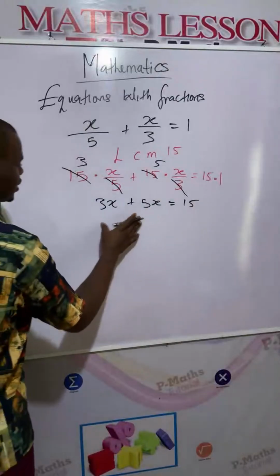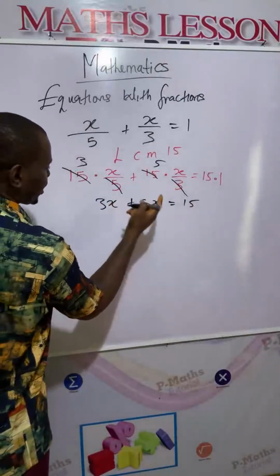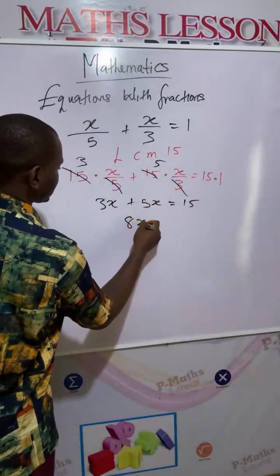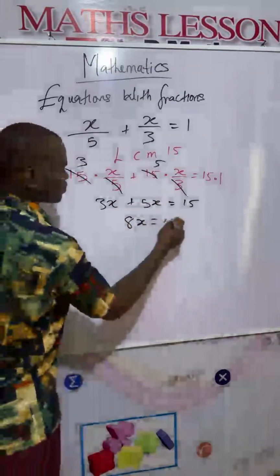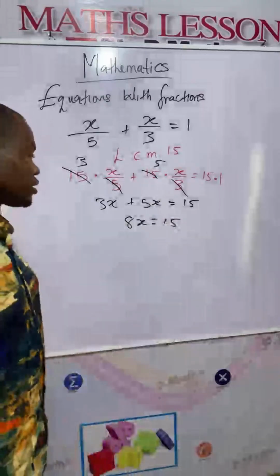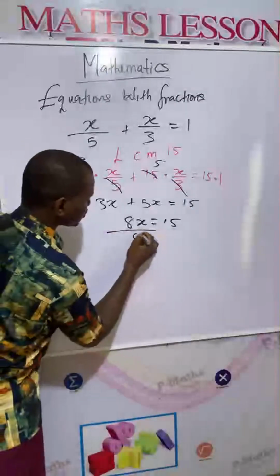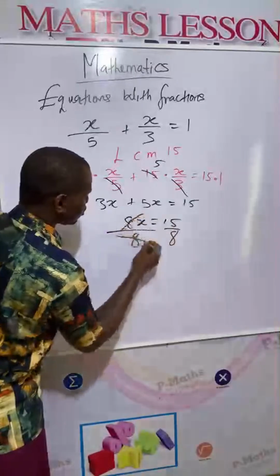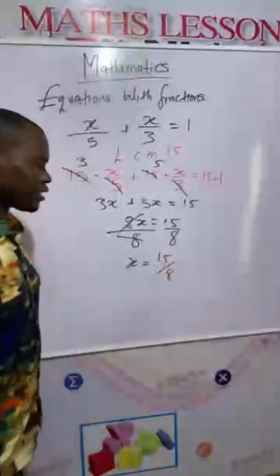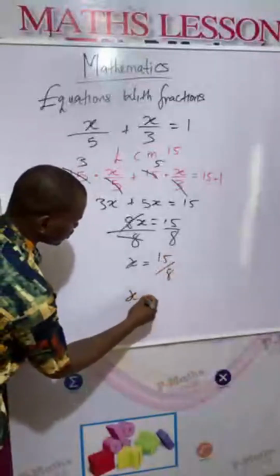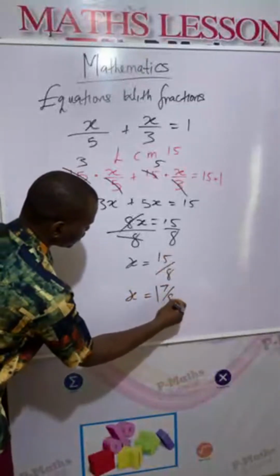Next, you add like terms. 3x plus 5x is 8x equal to 15. So lastly, we divide both sides by what? 8 to obtain an improper fraction, which you can write as a mixed number, 1 whole 7 over 8.